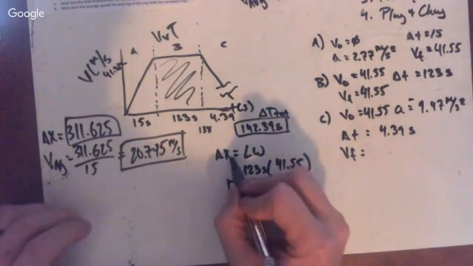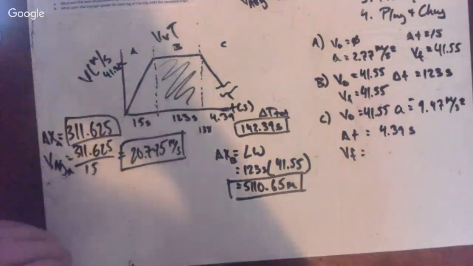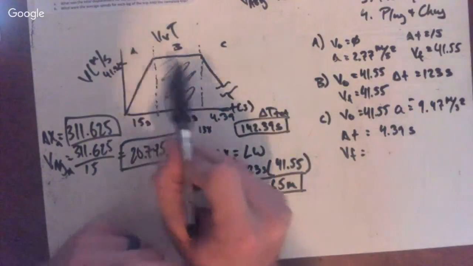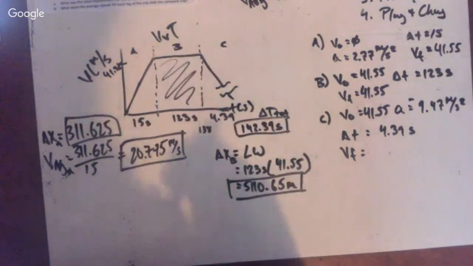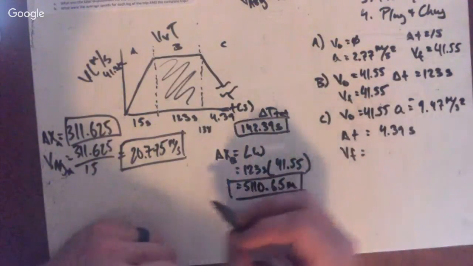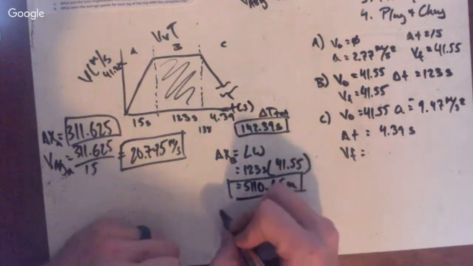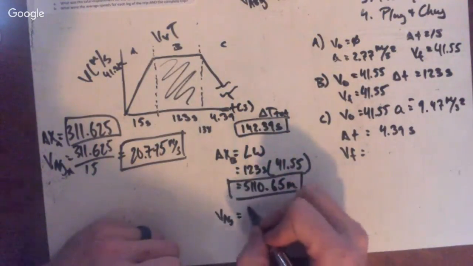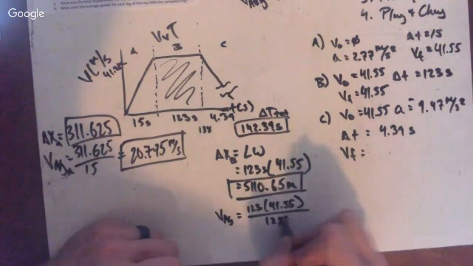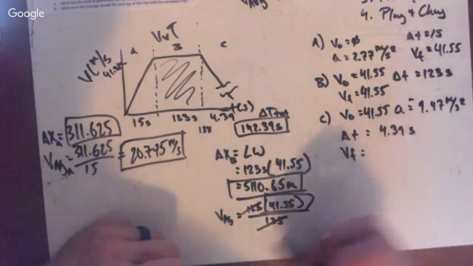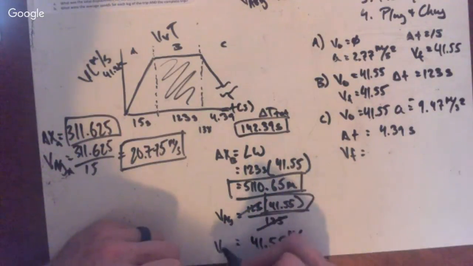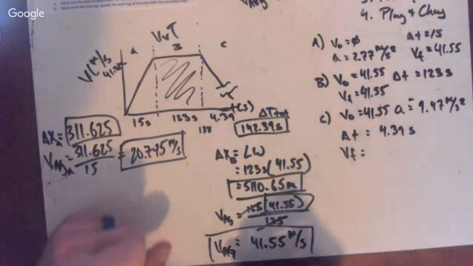Okay, that's for part B. Now, you probably can tell right away what the average velocity is over that period, because the velocity doesn't change through this time period. So our average velocity is just going to be that 41.55. But let's go ahead and do it anyway. So our delta x is 123 times 41.55 divided by our time, which is 123, or our average velocity is 41.55 meters per second. And I didn't even have to punch any stuff into my calculator again.